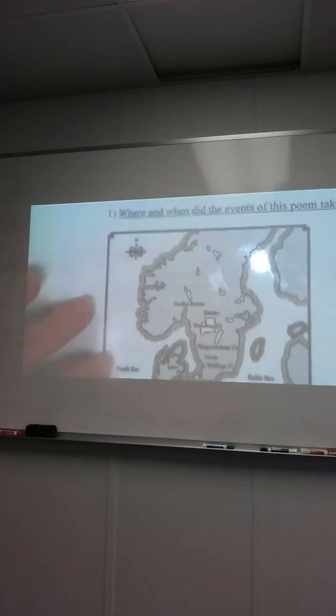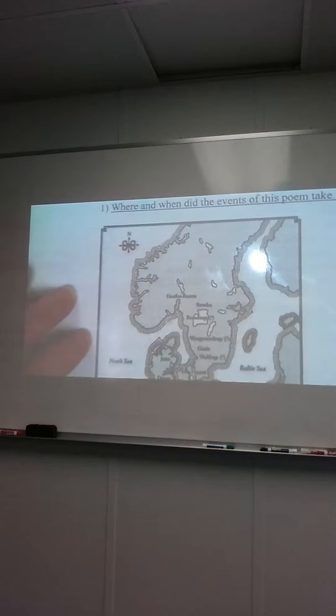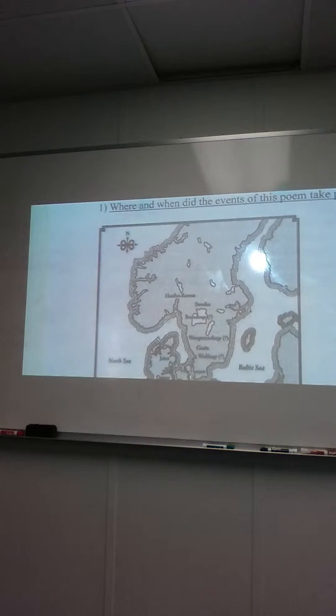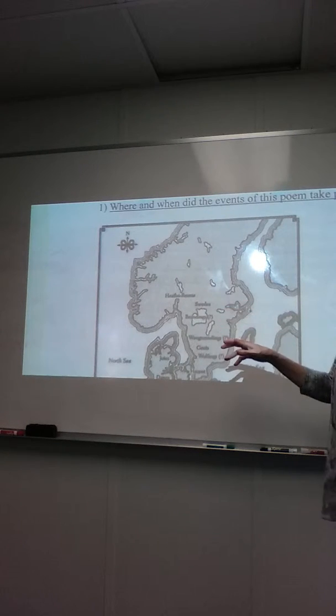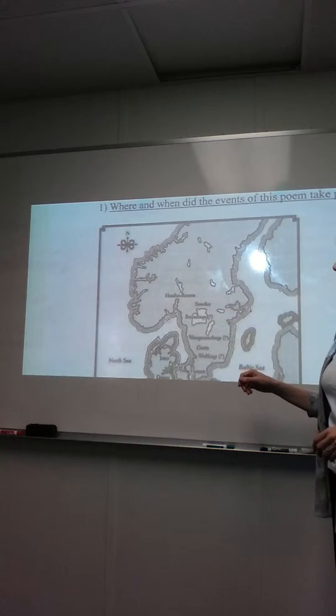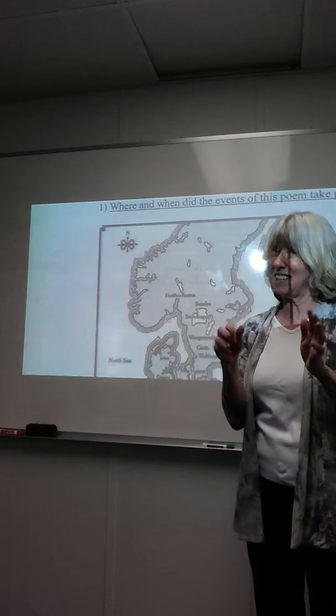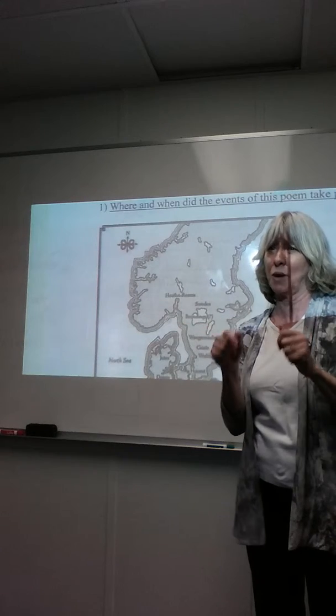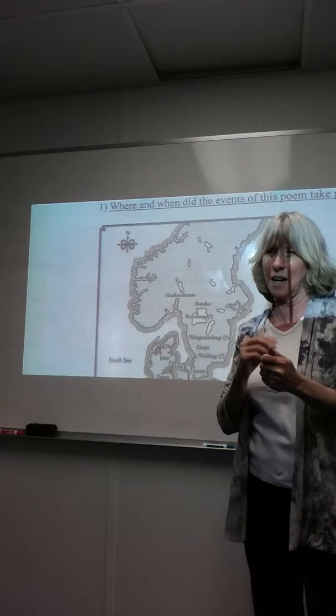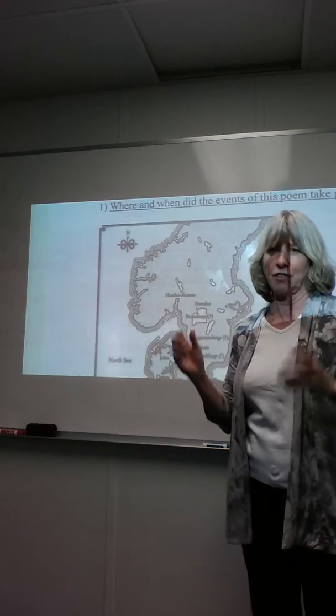So one of the first questions you've got in week 2A is where and when did the events of this poem take place? And so you can see this map. It's in the link for the Norton Anthology. Norton has really good websites for you to just click on and read extra if you need to.